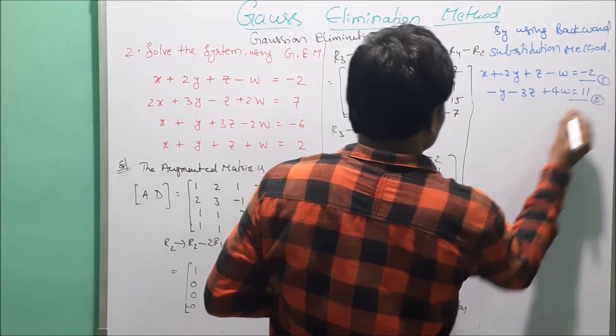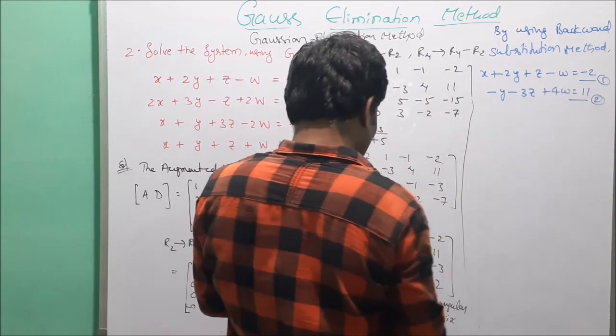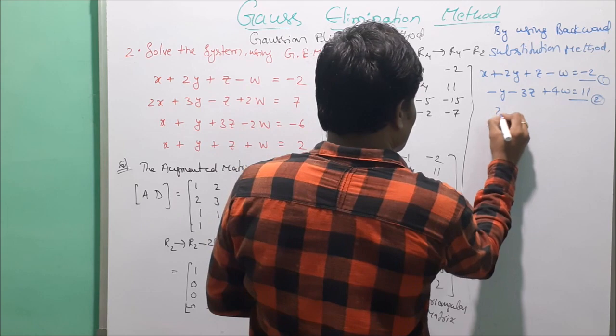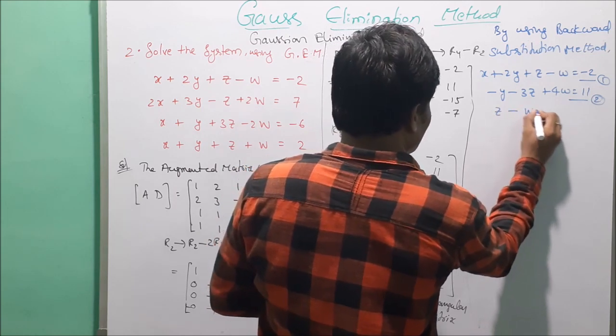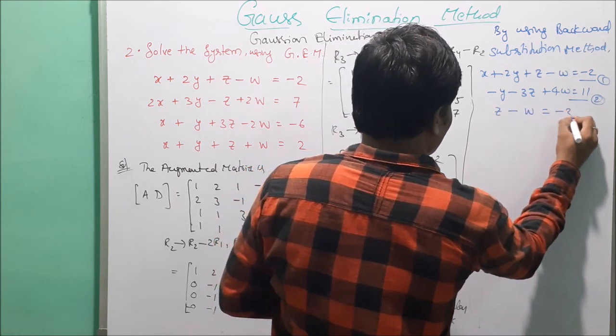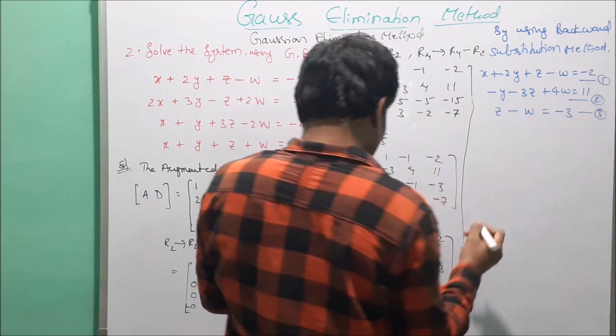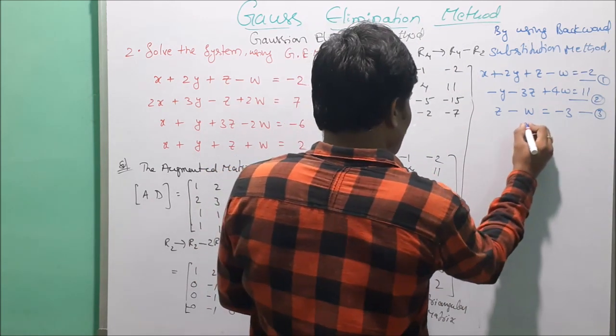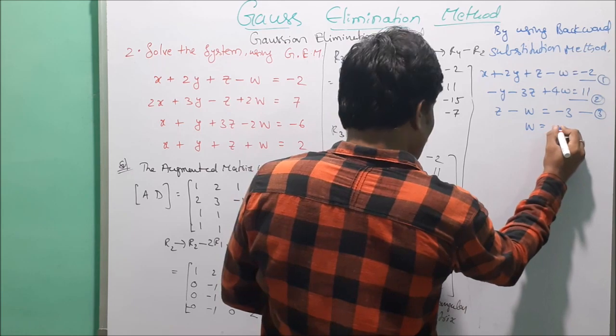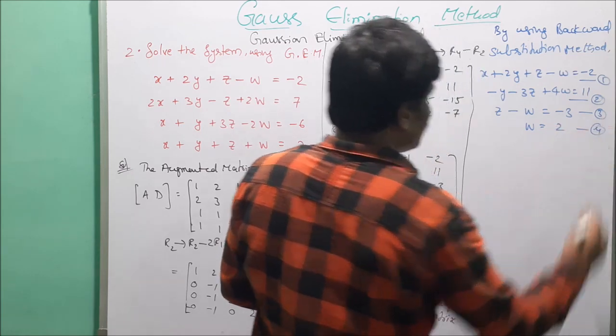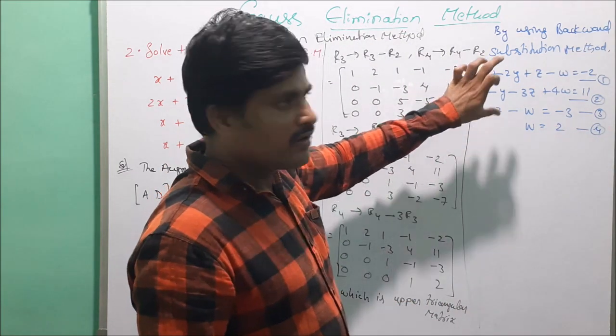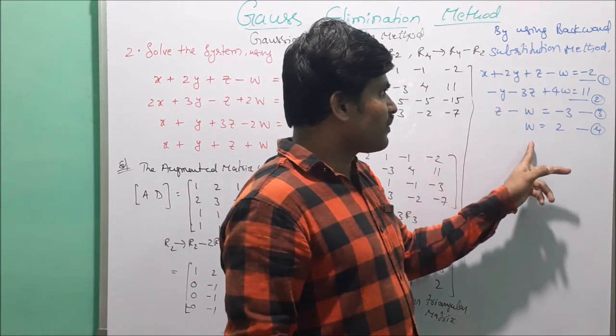This is equation 2. Similarly, we write the third equation: z minus w equals minus 3. This is the third equation. In the fourth one, w equals 2. This is the fourth one.